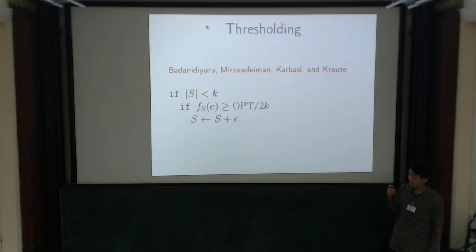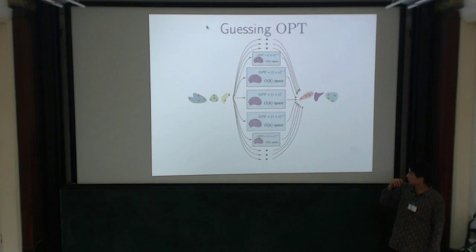As far as how we guess opt, here we start taking advantage of some of the streaming model. They're going to run many of these algorithms in parallel based on different guesses of opt. Okay, and we can always estimate opt within a factor of k because of submodularity. All right, and this is where the space goes from k to k log k over epsilon. Okay, so it's a very slick algorithm.